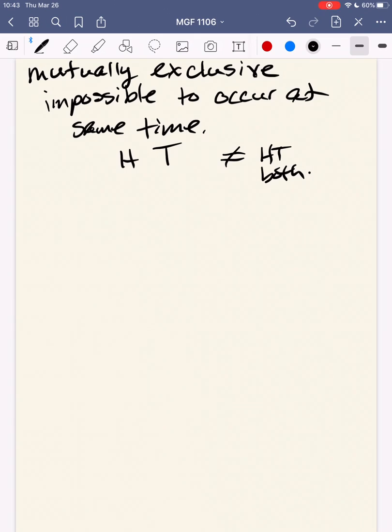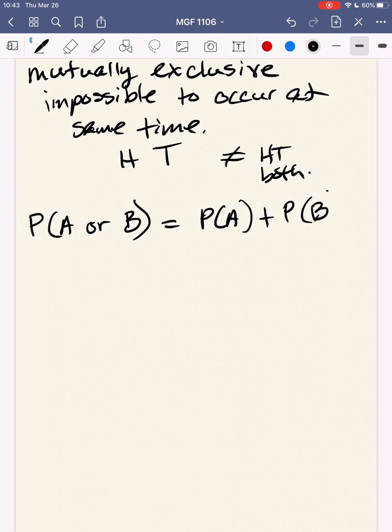Okay? So when we're looking for OR probabilities, and we're focusing mostly on the ORs of mutually exclusive events, the probability of A or B occurring is equal to the probability of A occurring plus the probability of B occurring.